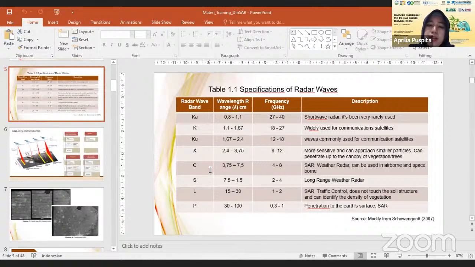I chose Sentinel because it is free of charge, and we can download it from ASF Alaska. If we need the deepest penetration, we must choose the band that has a long wavelength, I think. Okay.